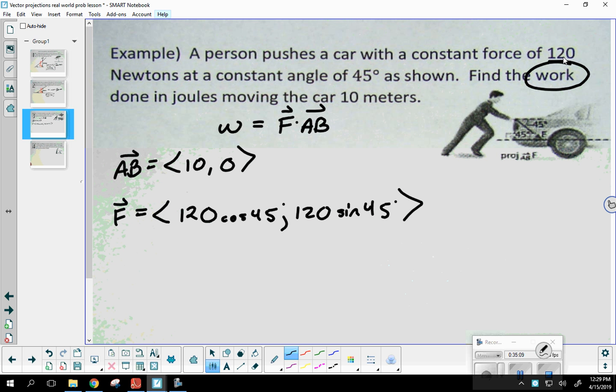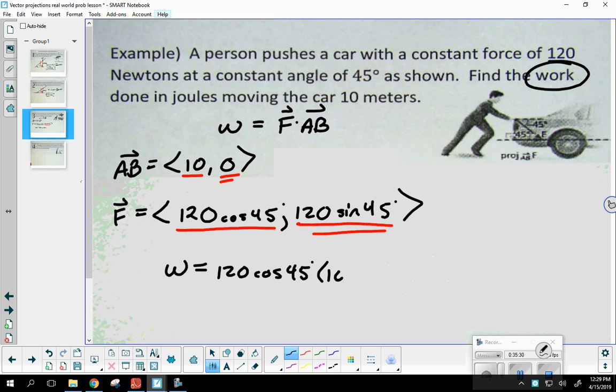Now all you got to do is take a dot product of the two, just multiply it. So I'm going to multiply 10 times 120 cosine 45, and I'm going to add it to the product of 0 and 120 sine of 45. But that's why these problems are so nice if you're pushing something along the ground.